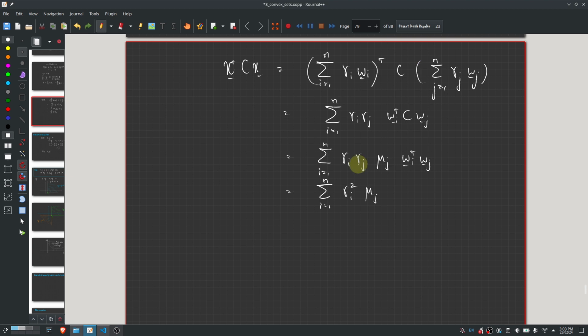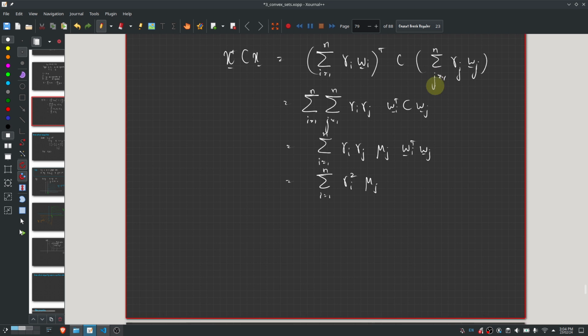So perhaps this is better notation. This double summation is basically coming from summation I equal to 1 to n and summation j equal to 1 to n. One summation is coming from these terms, the other summation is coming from these terms. So this is x transpose Cx.